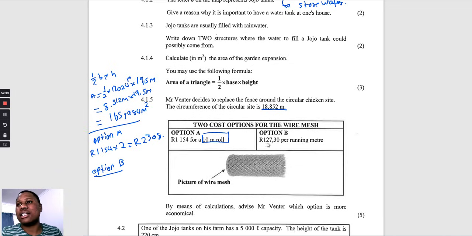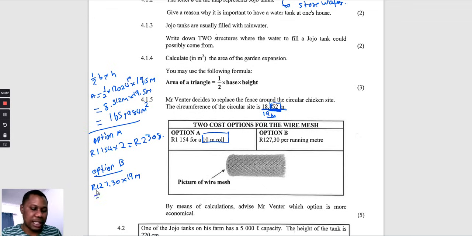Okay, and then option B, they are selling it per running meter, meaning that we must round it up. He cannot buy 18 meters. If he buys 18 meters, this space won't be covered, so we must add 1. So we round it off to 19 meters. So with option B he's going to buy 127.30 multiplied by 19 meters.